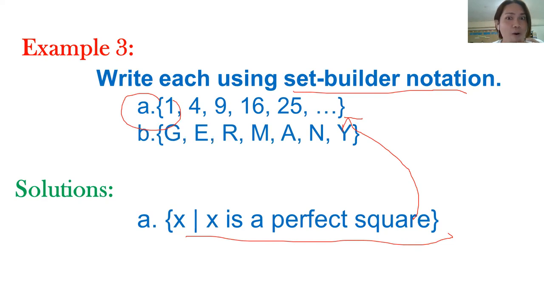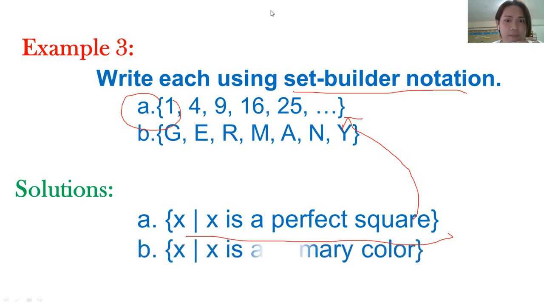Germany. How will you represent or describe the elements of the given set using the set builder notation? I've shown you there x such that x is a primary color. Germany, G for green, E for what?